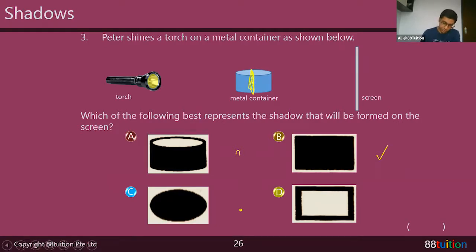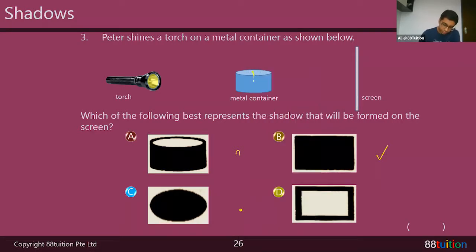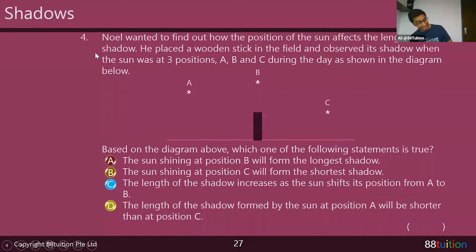Okay, so let me draw that again. You have this part, from this part to this part that is blocked. So this is the shadow that you will see. Try with a circular tin. Okay, so answer is B. Very difficult, right? Not primary 6 yet, right? You have to do all these things, okay?